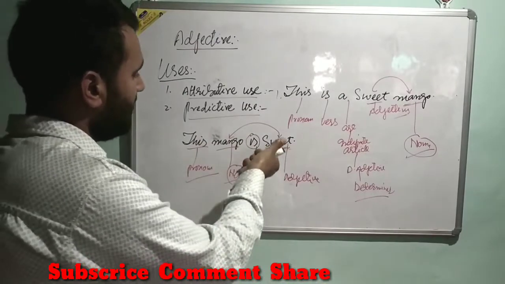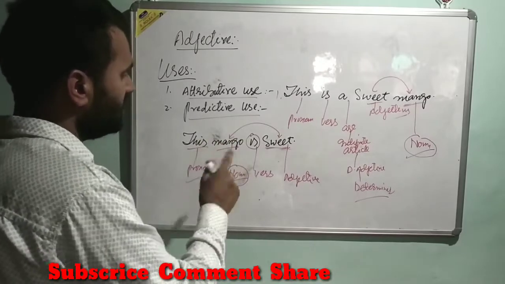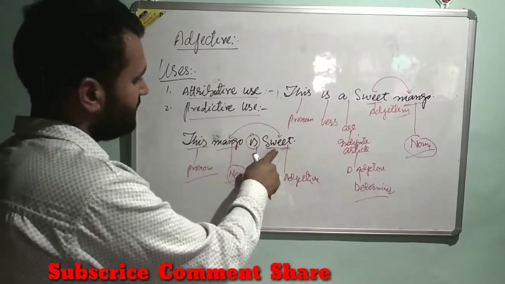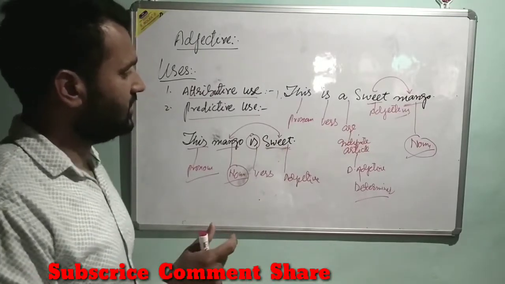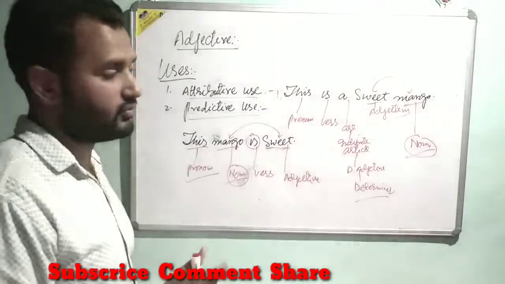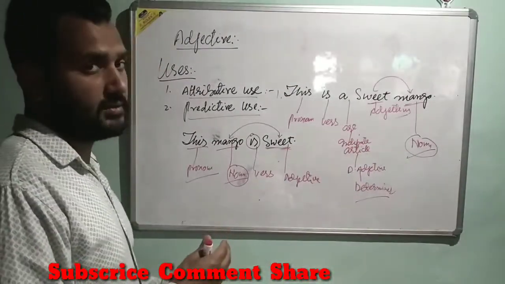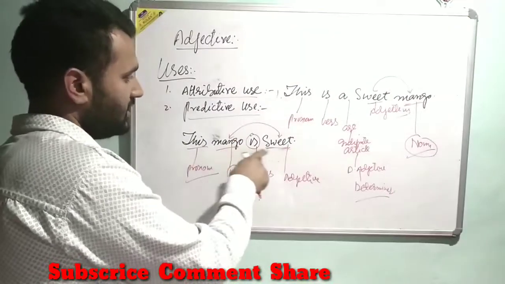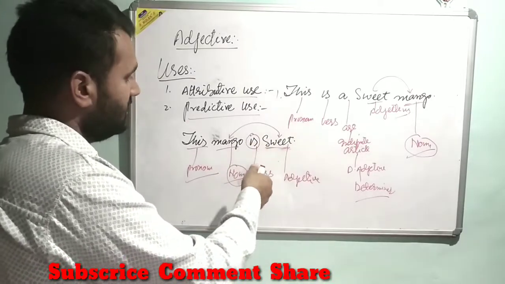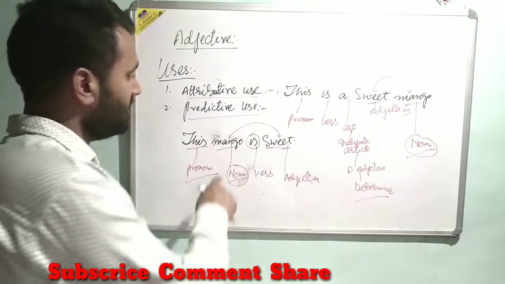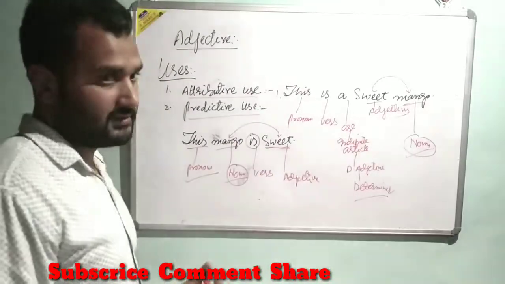We have to clear one thing also: here the noun comes first, then comes the adjective. Usually the adjective takes the initial position, then comes the noun. But over here we see the reverse. The noun takes the first position, then the adjective takes the second position.